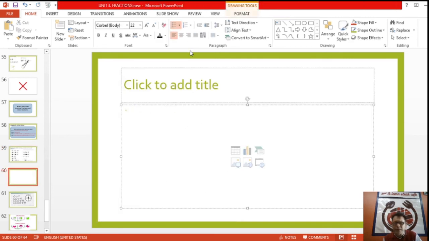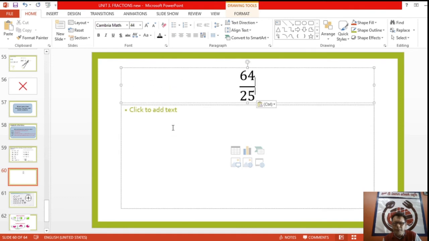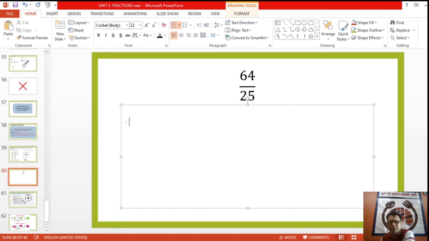So, it'll be here. So converting that into a mixed number. So 25. Honestly, it's really difficult to divide 64 by 25 here. Hold on.